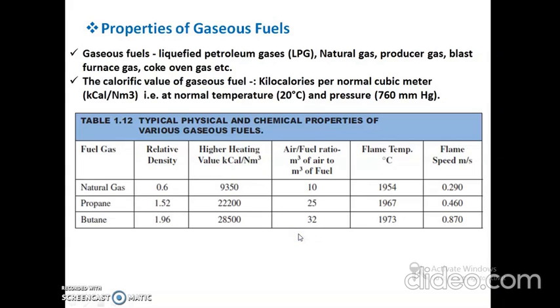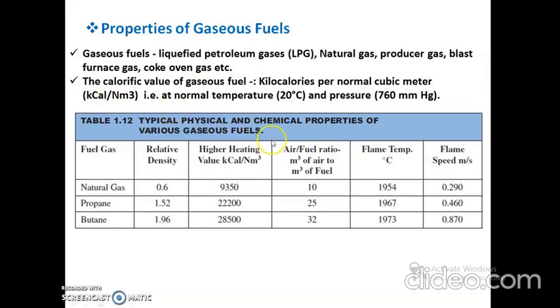Next are the gaseous fuels. The gaseous fuels generally used are LPG, natural gas, producer gas, blast furnace gas, coke oven gas, etc. The calorific value of gaseous fuel is given in kilocalories per normal cubic meter, at normal temperature and pressure of 760 mm of Hg.